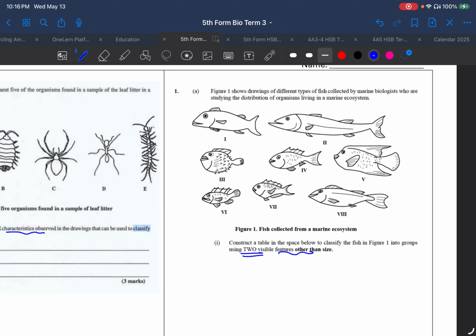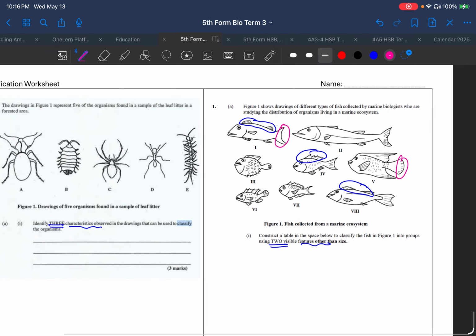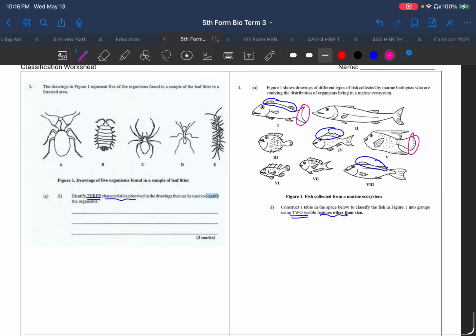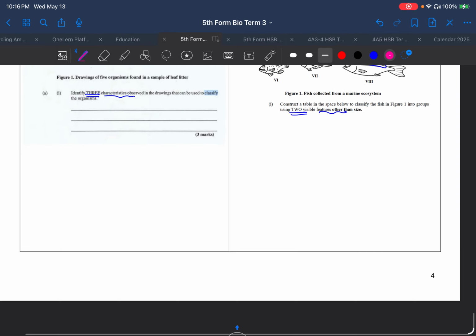Here's fish, so you can use the number of top fins as one of the characteristics that you use to group them. Some have 1, some have 2, or you can actually use the shape of their fin. You can use curved in versus curved out and put them into 2 groups based on that.